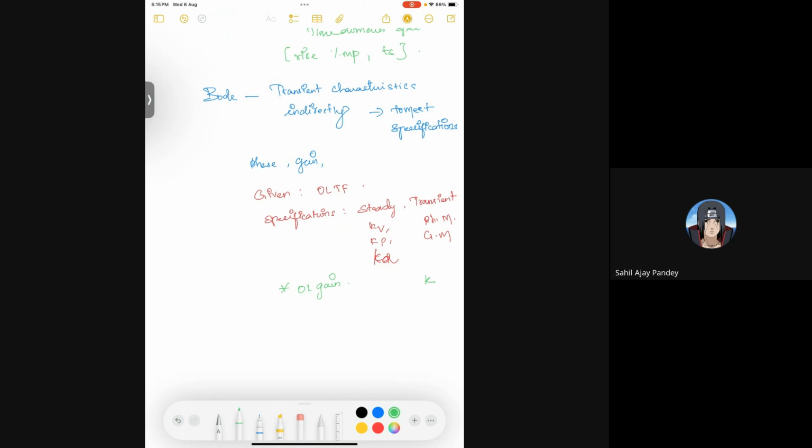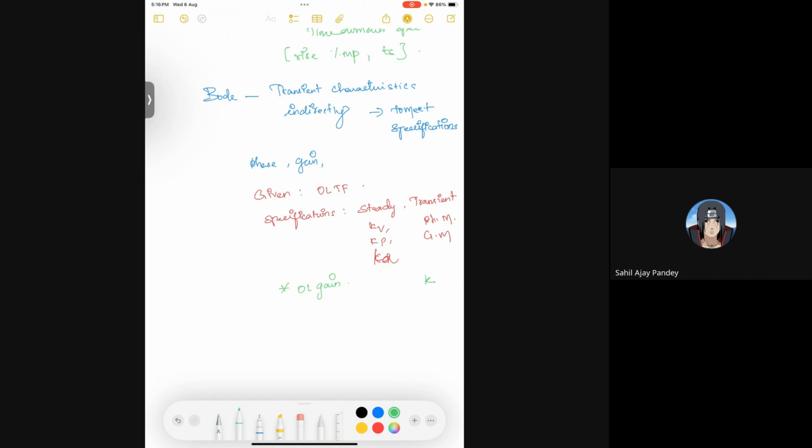This is the whole nuance of designing a compensator based on the specifications. Right. First of all, before designing itself, we want to know how our system should look, or whether the system will be able to compensate or not.